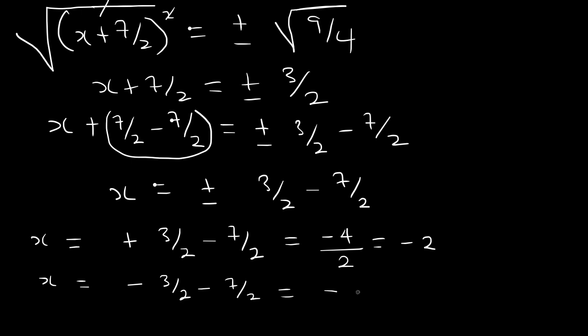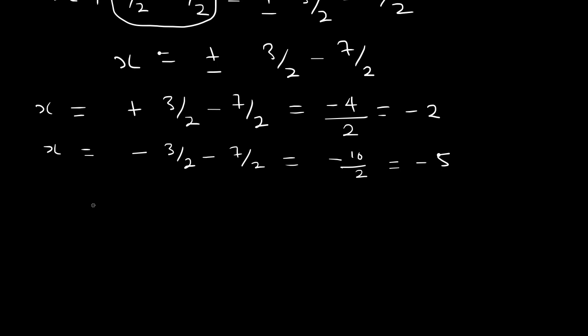That gives us minus 10 all over 2, and we'll have minus 5. So we'll have that x, as our solution, x is equal to minus 2 or minus 5 as our answer.